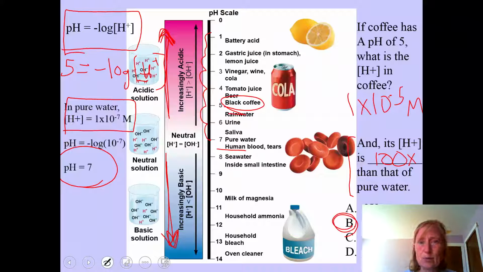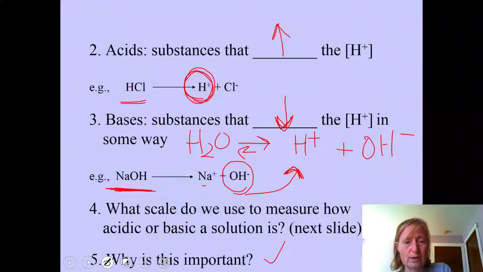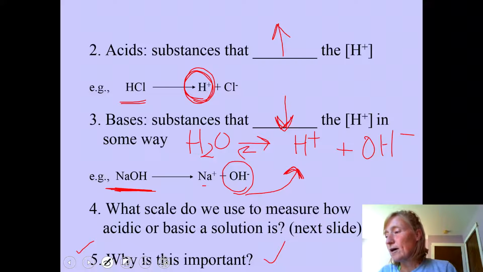So why is this important for life on Earth? That's really the important question we want to know. Why is it so important? Well, it turns out that chemical reactions happen in a very narrow range of pHs. Okay? So, for example, our blood has a pH of between 7.35 and 7.45.